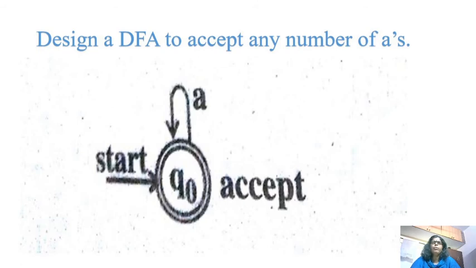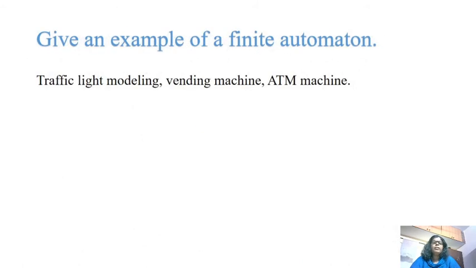Just a self loop with the start state and end state as a single state Q naught, then it takes many A's again and again. So this is the DFA to accept any number of A's.